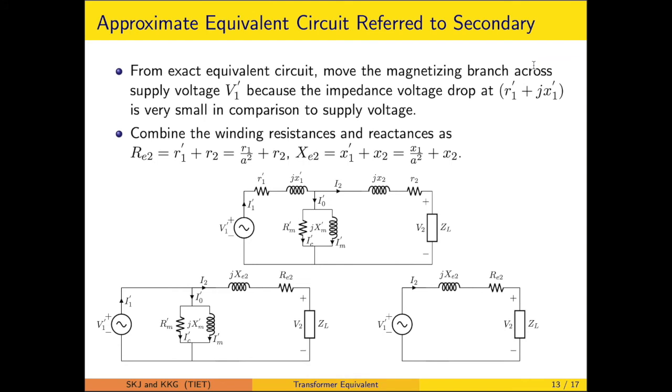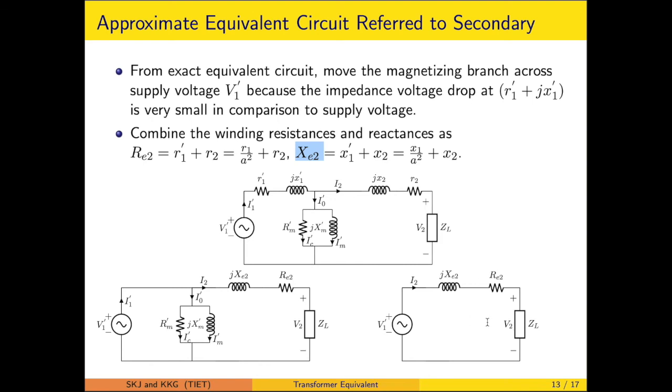Approximations are also carried out on the same lines. The magnetizing branch is now taken towards the supply side. That is the first approximation. You have done the addition of the resistance terms likewise, so RE2 and XE2 result like this. Now the second approximation, as mentioned, is that this magnetizing branch can be eliminated without significant loss of accuracy.